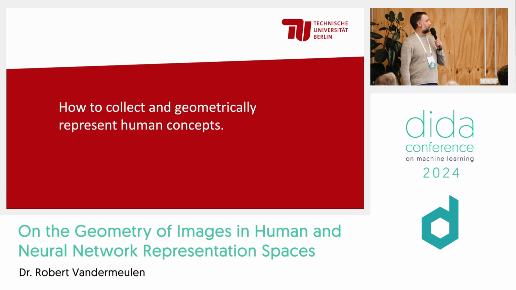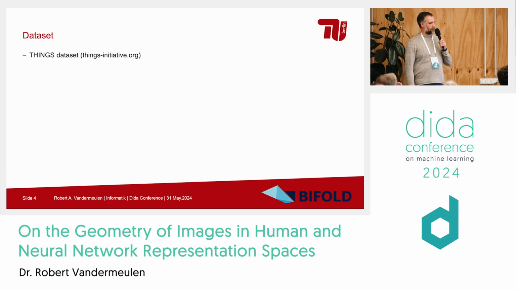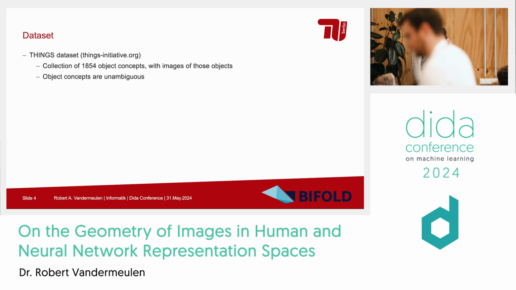Okay, so to begin, how do we collect and geometrically represent human concepts? This whole talk is going to be based on a data set called the things data set. It contains a collection of 1,854 object concepts, and for each of these object concepts, there is a collection of representative images.